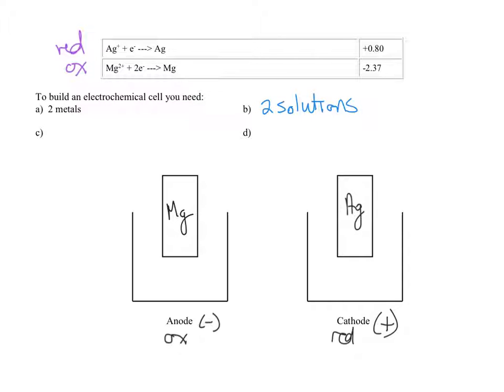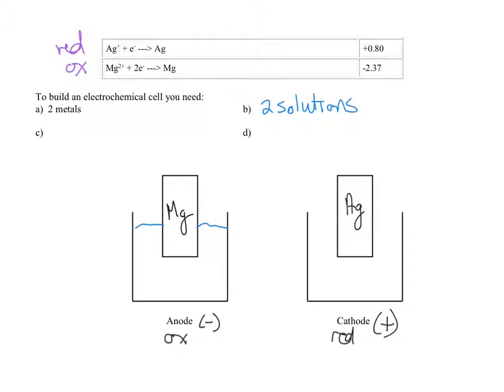So that means that you put the magnesium in a solution that contains the metal cations, the magnesium cations. So you find a salt or an ionic substance that has magnesium in it. You can use magnesium nitrate, magnesium sulfate, magnesium chloride, magnesium acetate. Whatever magnesium salt that you have, you dissolve it in water and that makes a solution, you put it in there.